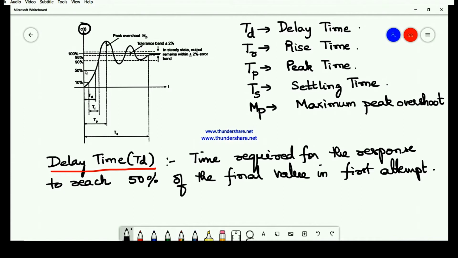If you see the curve here, 50% is where the output has been reached.